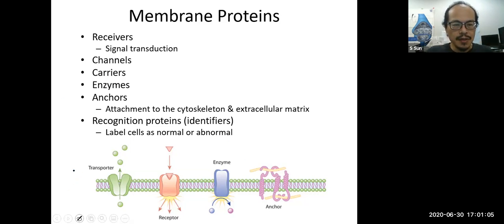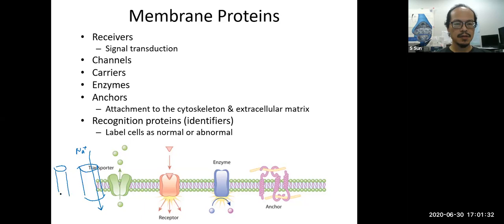Channel could be something like this one here. Let me draw it here. So we can have a channel like this one here, right? Through this one, a substance, say sodium, can go in. Another channel is like this, where potassium can go out.